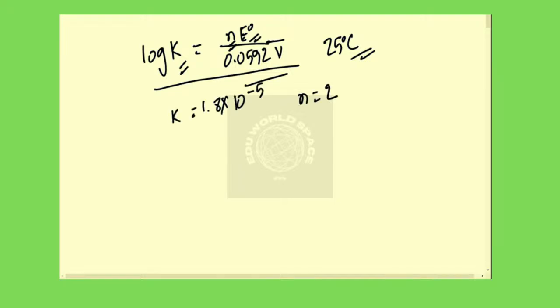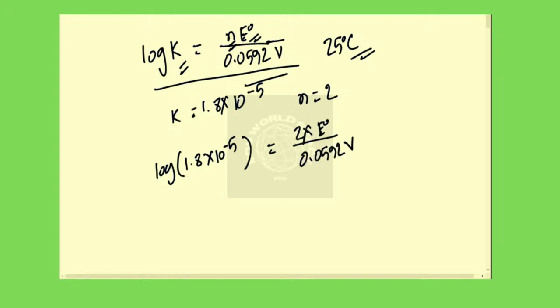Plugging in these values, we get log of 1.8 times 10 to the power minus 5 on the left, and on the right hand side we get 2 times the standard cell potential over 0.0592 volt.